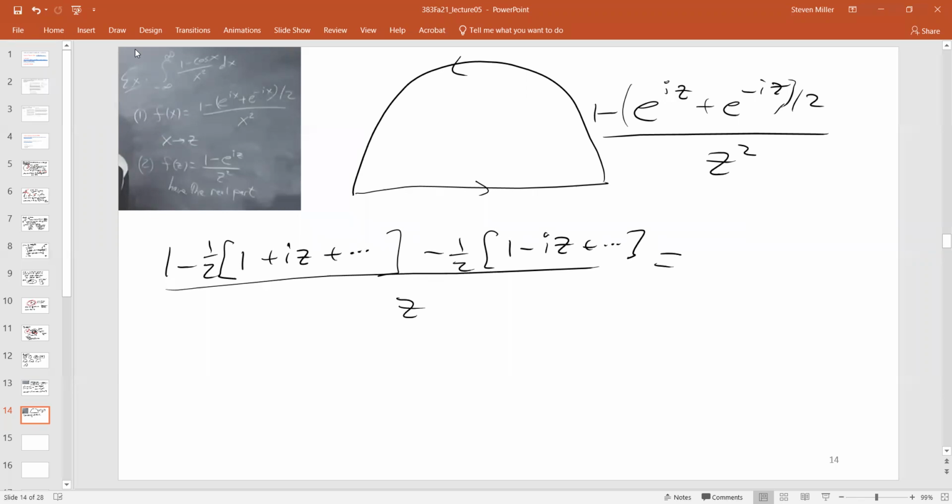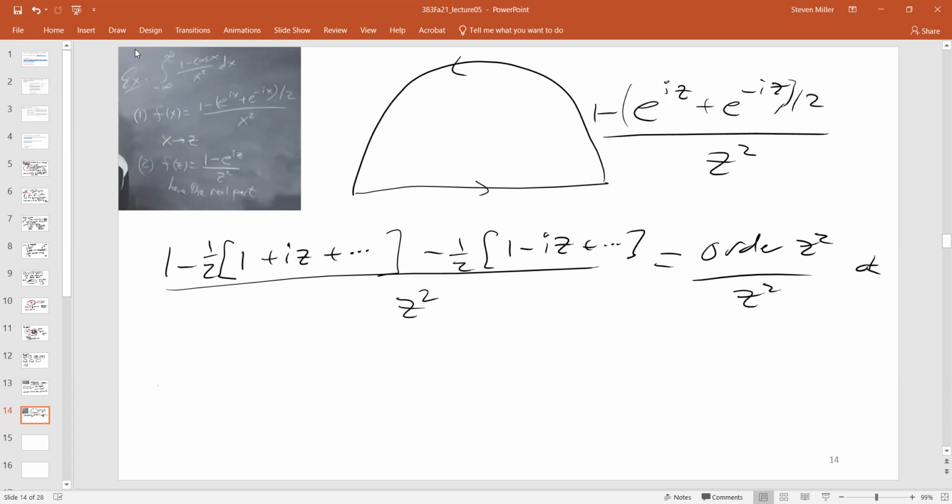We have negative 1/2 iz, we have a plus iz, so it looks like those cancel. So that's going to be good. So this is going to look like order z squared over z squared, we're okay.